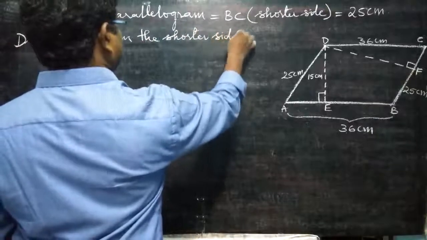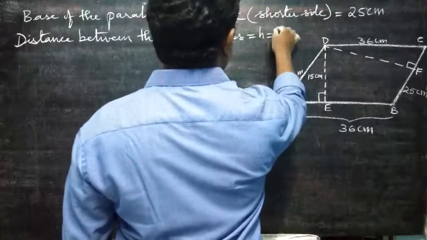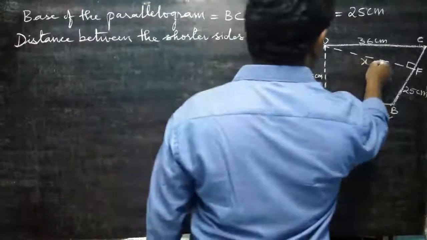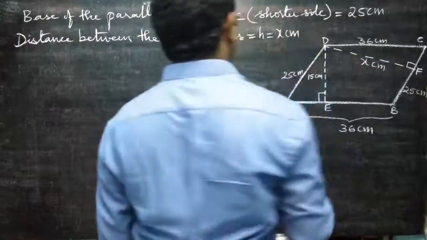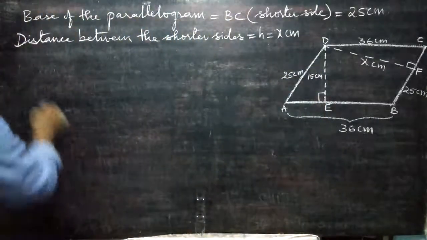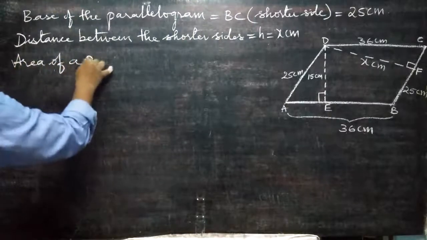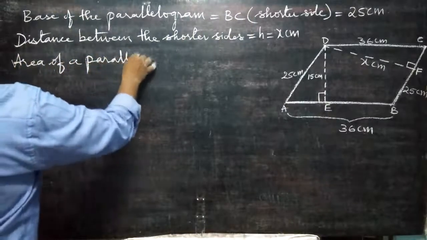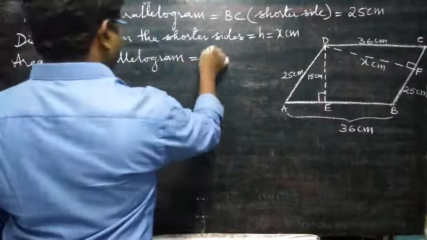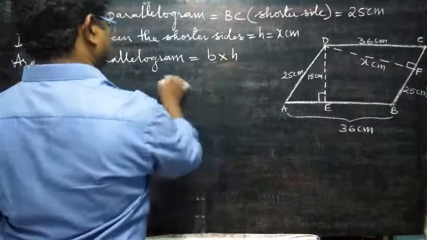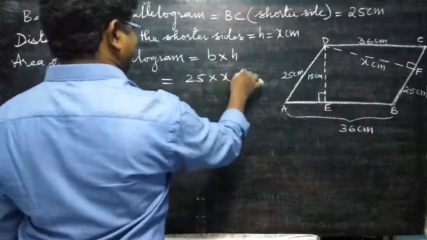Now we have to write the height. How much H we don't know now. We'll think as X centimeters or H centimeters also, no problem. Unknown always X we will think. Now just now we have found the area of a parallelogram. Area of a parallelogram is base into height, 25 into X centimeters square.